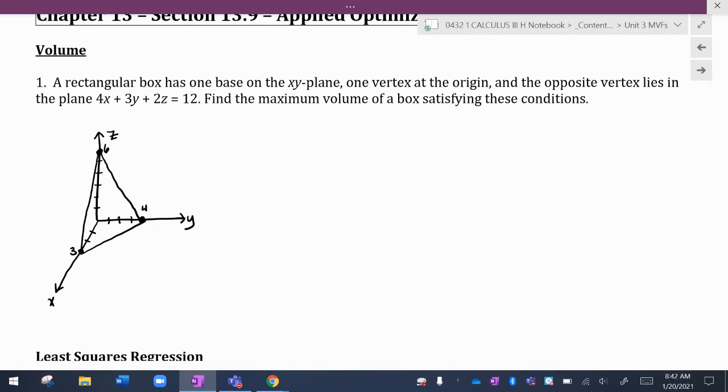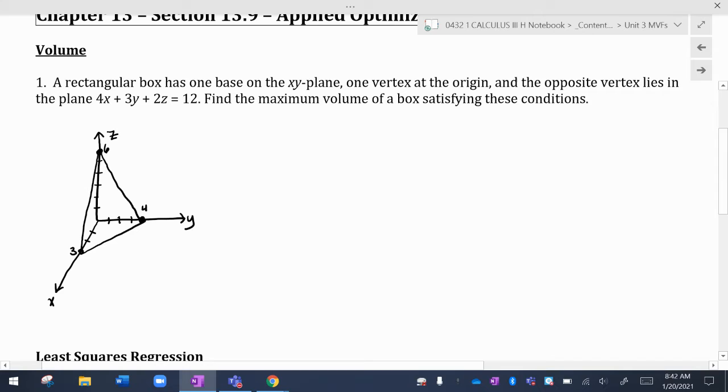What we're going to do is make a box where one corner of that box is on the plane. So what would be on this plane? The point 1, 2, 1 would be on that plane, because 4 times 1 plus 3 times 2 plus 2 times 1 is 12. So if I find the point 1, 2, 1, that'd be right here.